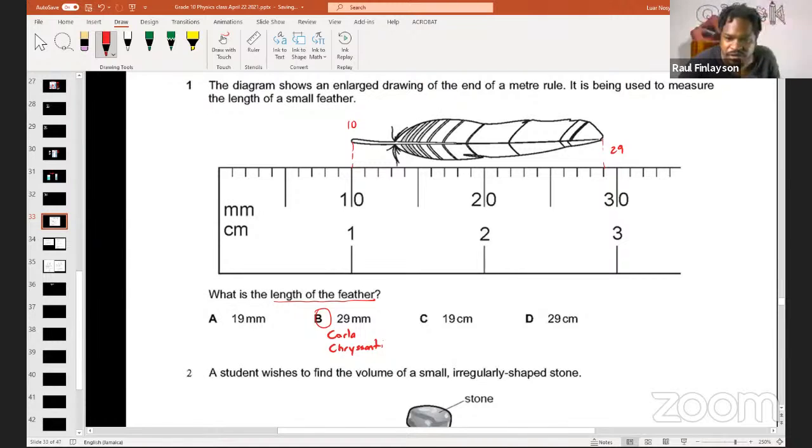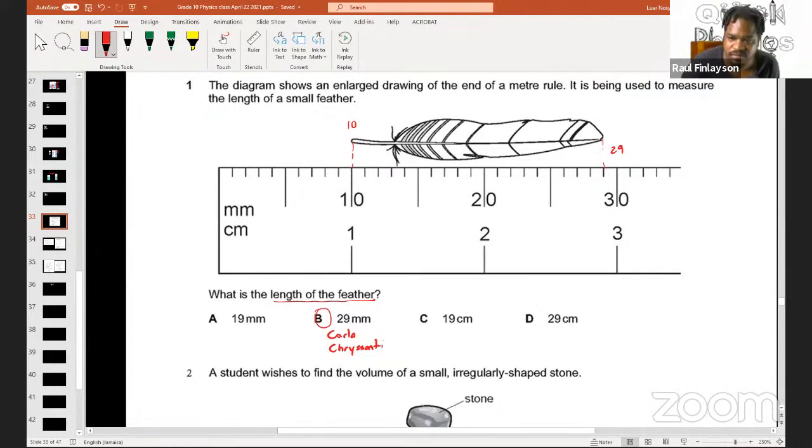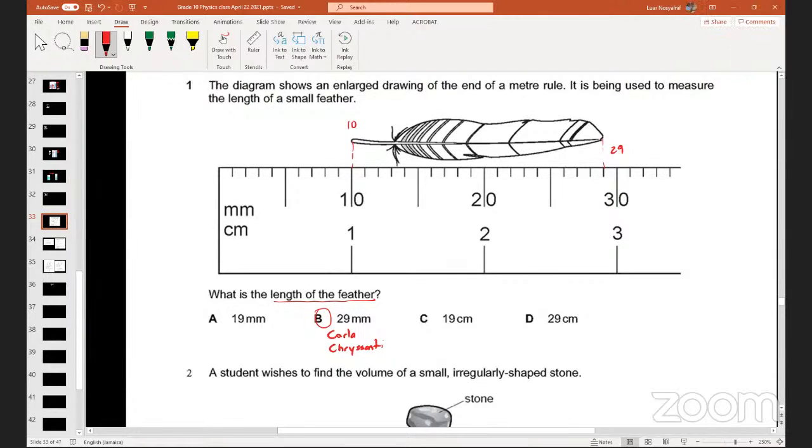Why did you change it to 19? Why did you change it to 19 now, Chrisanti? Sir, because it does not start from the end of the ruler.